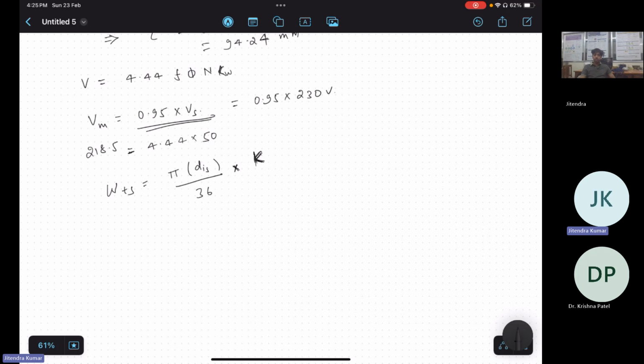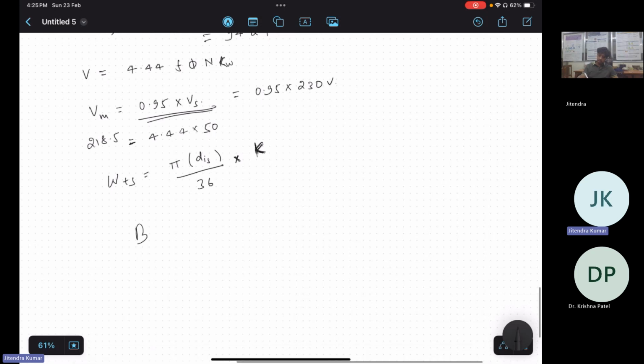Let me write the exact equation that is required here. The equation of flux density in the teeth is flux divided by slots per pole, into stack length, into axial length, into tooth width.